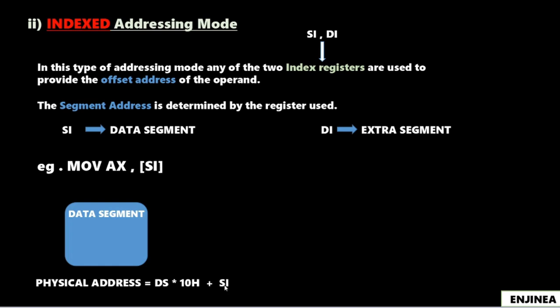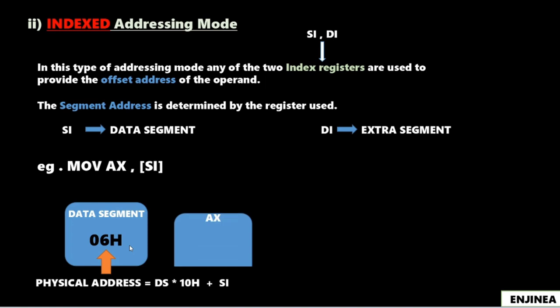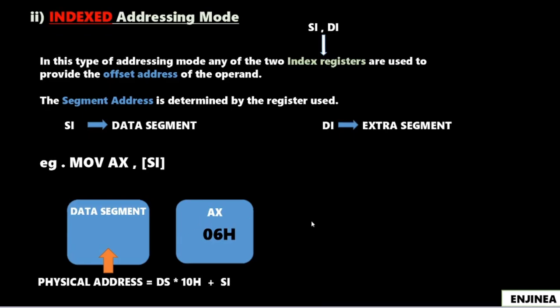Suppose in this physical address we have a value 06H. So this will store the value 06H inside our AX register. Whatever value was inside this location will get stored inside the destination register, which is AX in this case.